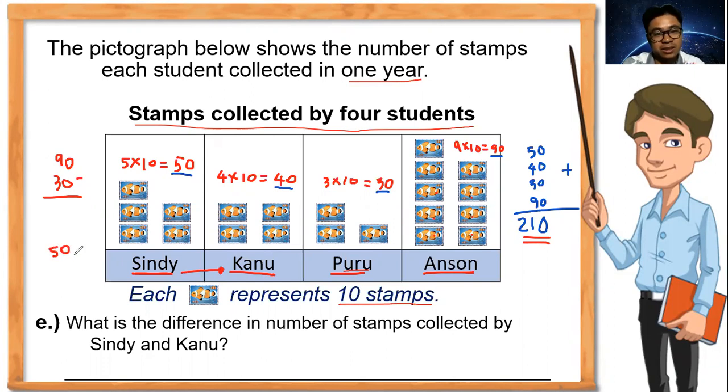So let's minus. Kano has 40. Okay, minus. What's the answer? Yes, the answer is 10. So the difference in number of stamps collected by Cindy and Kano is 10 stamps.